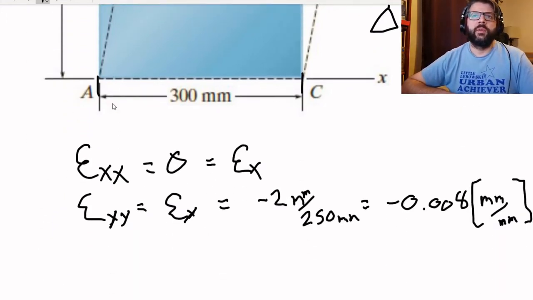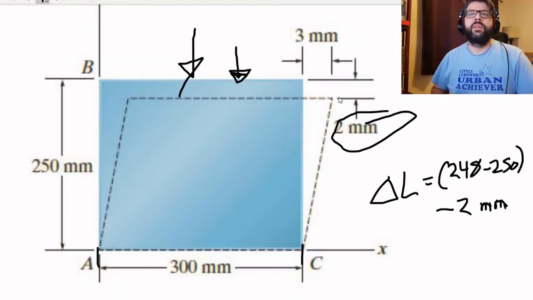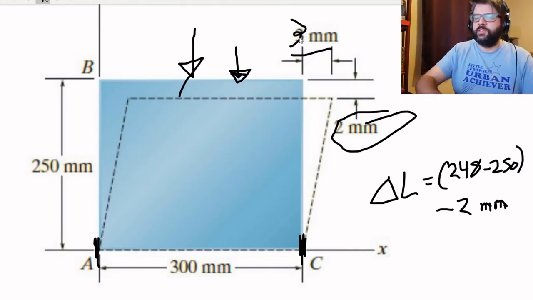And then we got our shear strain here. What we need to figure out is how this angle changes. Because this here didn't change at all, we know that this 3 millimeter shift here is entirely due to the shear that's imposed.